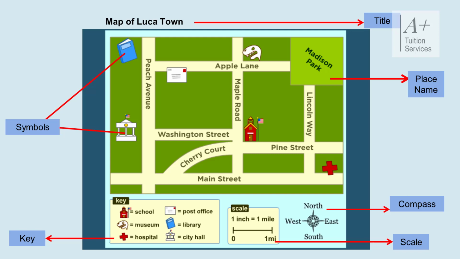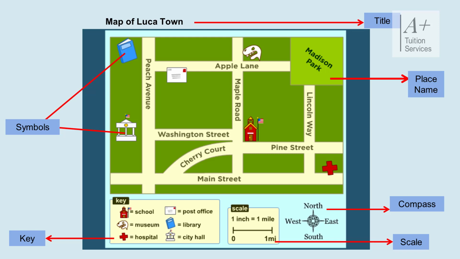Then we have our compass. So we will know that if we stand on Lincoln Way and face Madison Park, we are facing north. To the left of this we have the school, which is west, and to the right we have the east direction, and down south we can find the hospital.